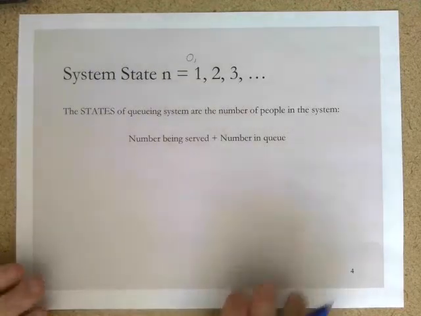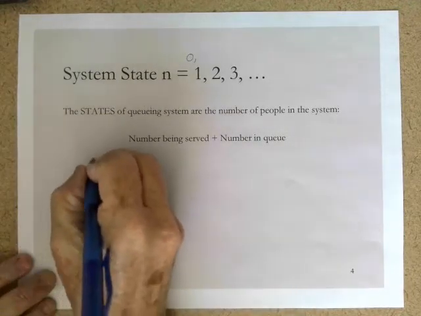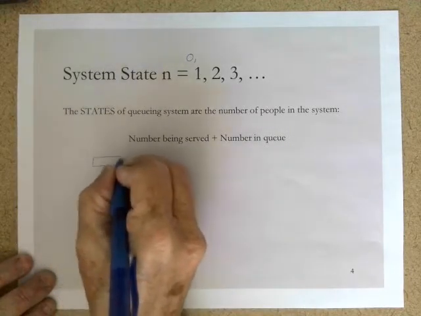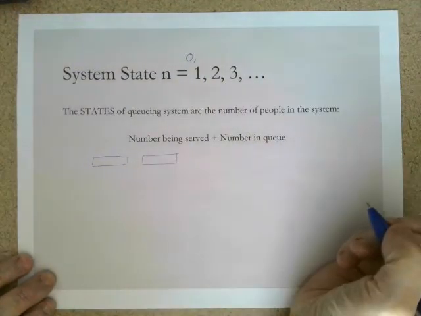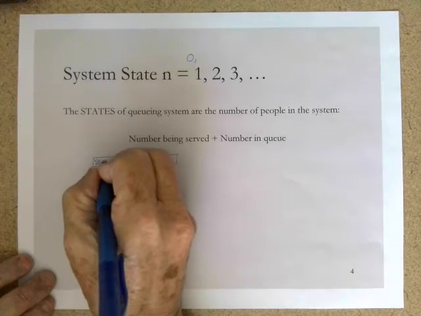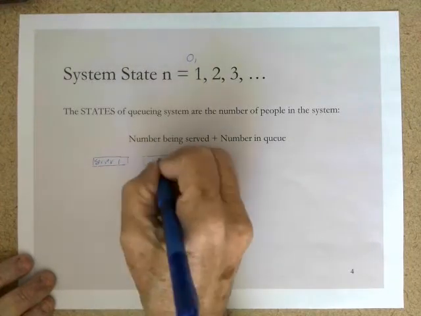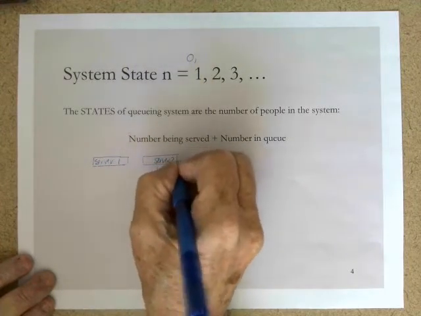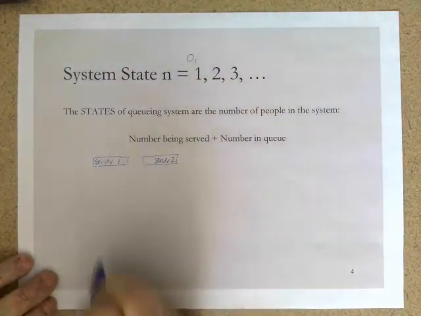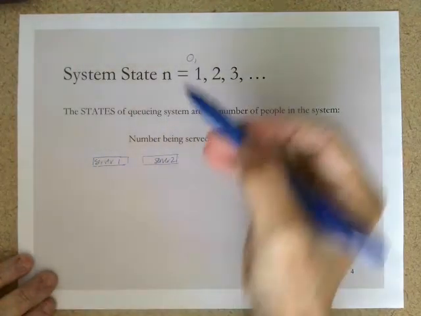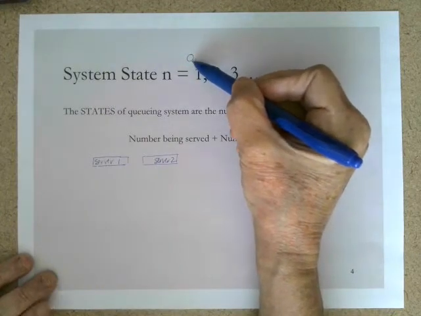So for example, if I had 2 servers, and we're always going to assume that our servers are identical. So suppose I had 2 servers here, server 1 and server 2. If we have nobody at any of the servers, then we would say we're in state 0, so nobody's there.